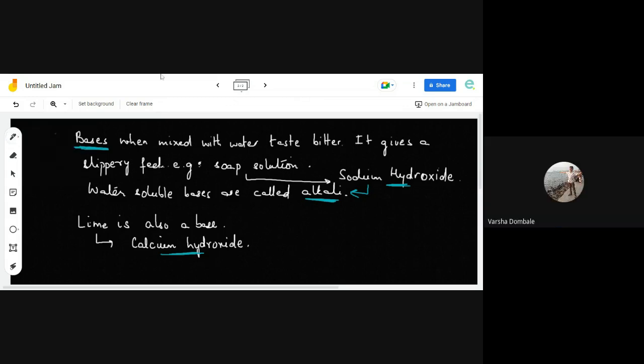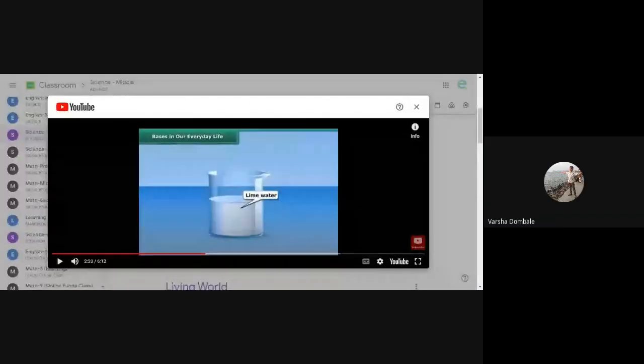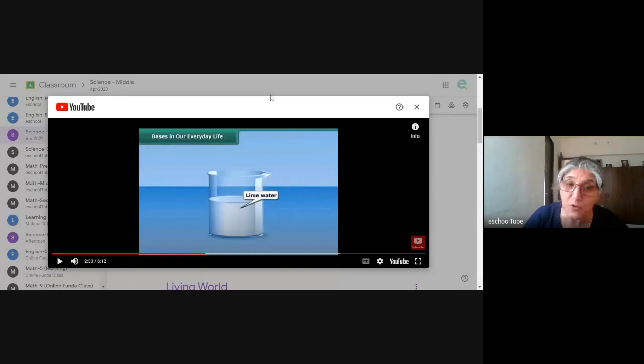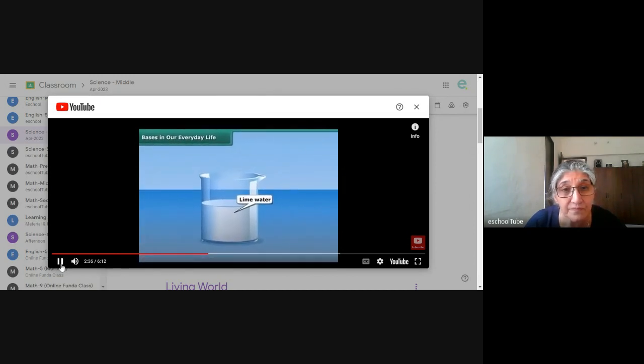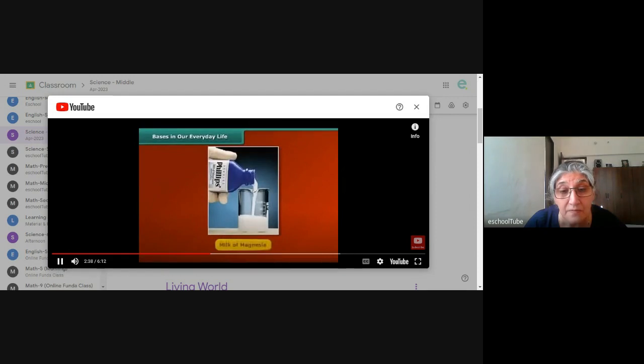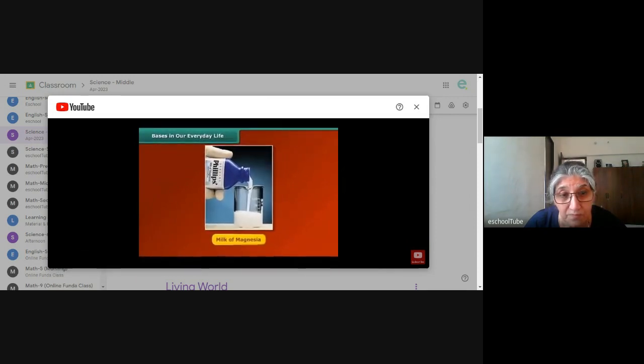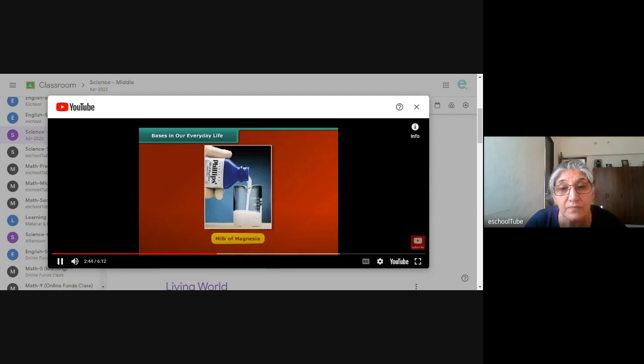आगे पढ़ते हैं. There are different types of hydroxide. Yes, different types of bases. The ones which we use in our everyday life, they are describing lime water prepared by dissolving lime in water. Milk of magnesia is a medicine which helps us in digesting our food. It contains magnesium hydroxide.